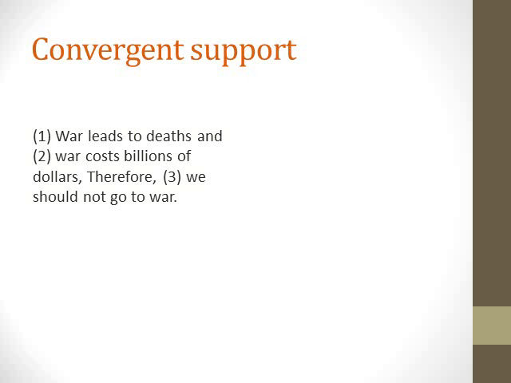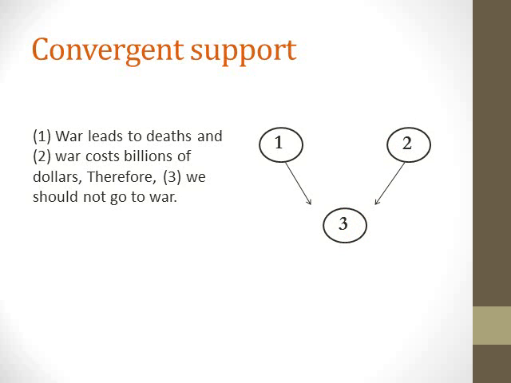But here's just another example of convergent support. So here we have 2 premises and 1 conclusion. War leads to deaths, and war costs billions of dollars. Therefore, this should be a period, not a comma, but nonetheless, therefore, 3, we should not go to war. So this is a convergent support in which we have two premises converging onto the same conclusion.